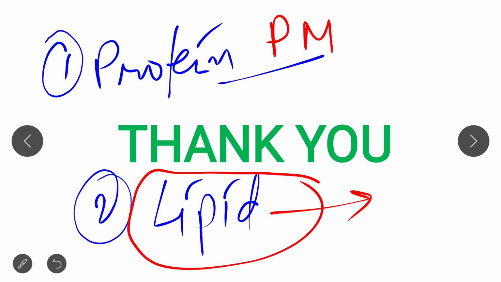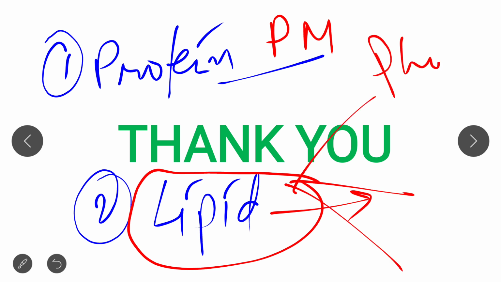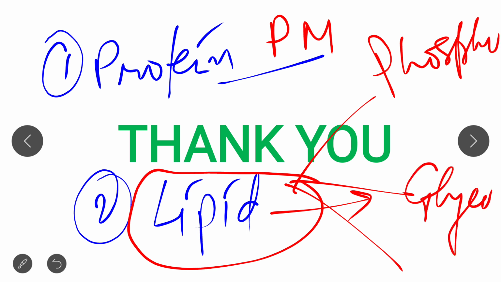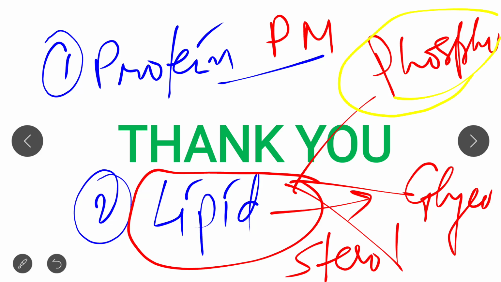Lipid has three major types basically: phospholipid, glycolipid and sterol. I already started the lipid portion of the plasma membrane in brief, and I already completed phospholipid in yesterday's lecture.